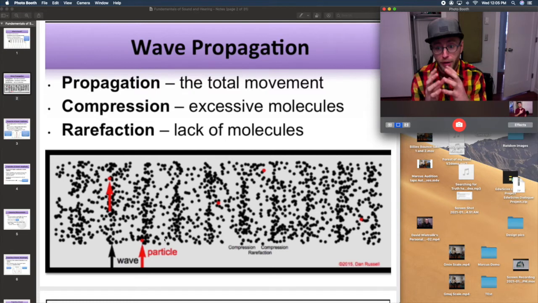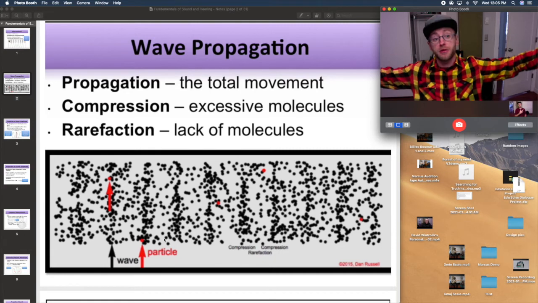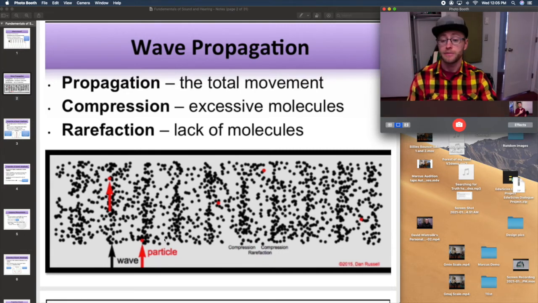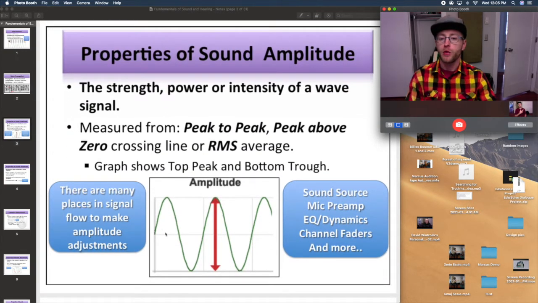So they kind of compress, they rarefact, compress, rarefact, compression, rarefaction, and the propagation is how that sort of occurs and slowly disperses and travels away in all directions. Propagation.